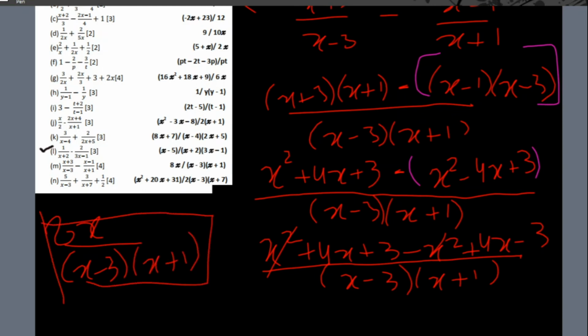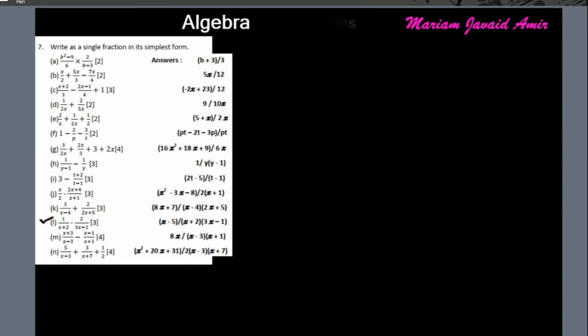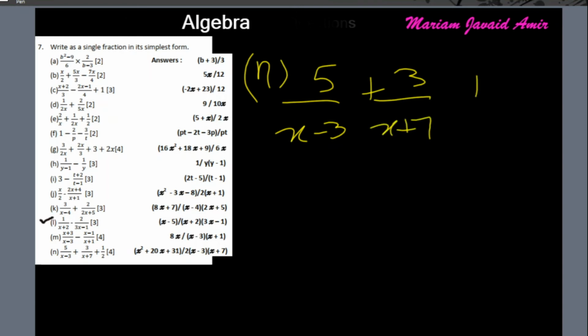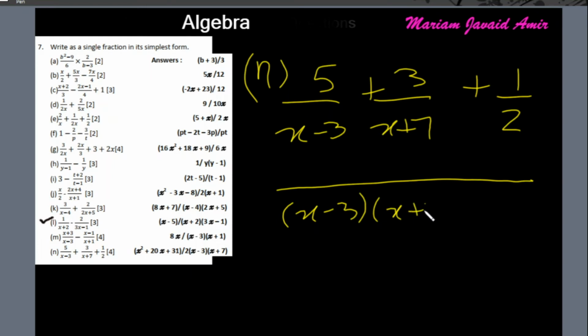Okay, part N. 5 over x minus 3 plus 3 over x plus 7 plus 1 over 2. This becomes x minus 3, x plus 7 times 2. The LCM is this. Now the 5 will get multiplied with these two.